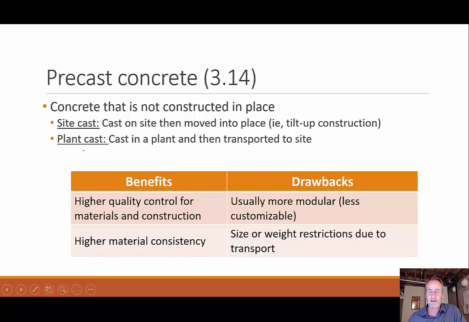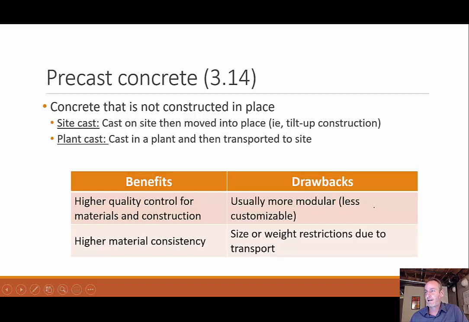You'll see this a lot on the back of these big semis traveling down the road with a big twin T or, we'll show some more shapes in just a little bit, but this is the precast idea of the concrete made away at a plant and then shipped to the site. Some benefits: you get quality control because you're doing it in a controlled plant, and the same with material consistency.